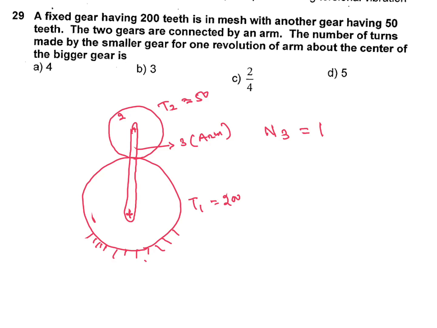We have to calculate N2, number of revolutions made by the smaller gear. This is our smaller gear.